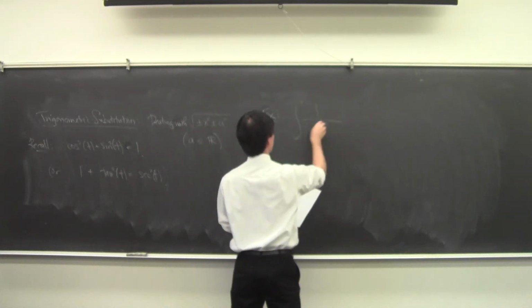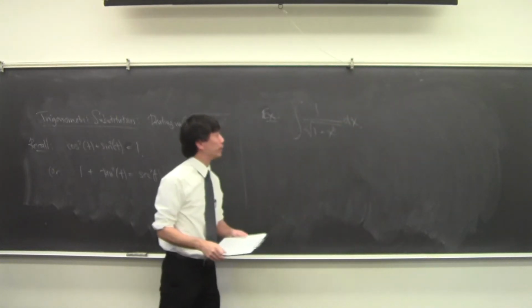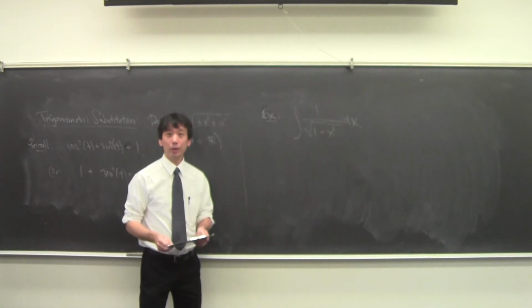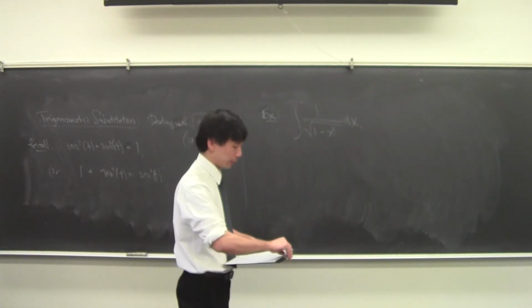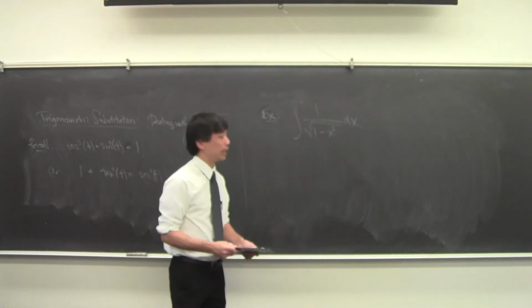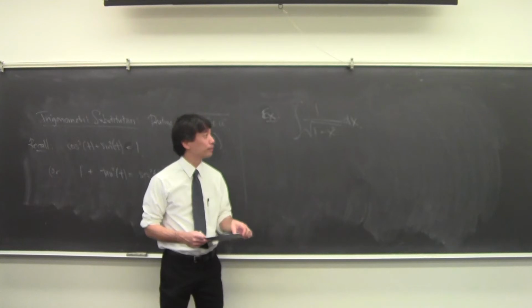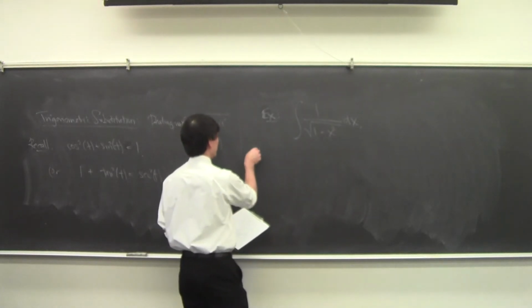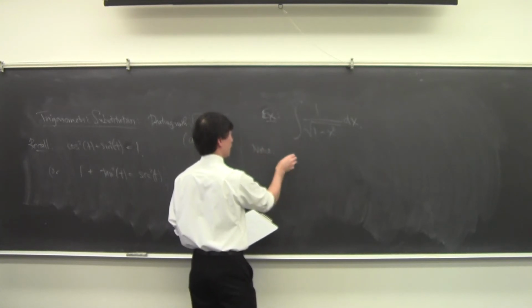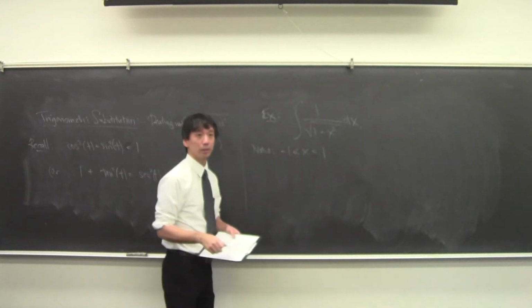If I ask you to integrate 1 over the square root of 1 minus x squared, then you can do it using so-called trigonometric substitution. So here's how you do it. Notice that x lies between 1 and -1.